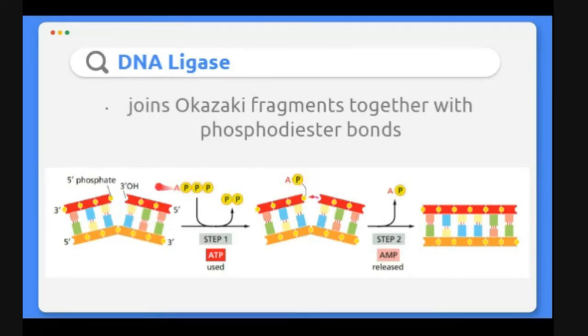And now, since may hydroxyl group yung 3' end mo dito, meron siyang ability to nucleophilic attack itong phosphate group mo dito. And that is favorable again because there is a release of energy and every favorable reaction, meron kang release of energy. And once that happens, yung section mo now dito can form phosphodiester bond.